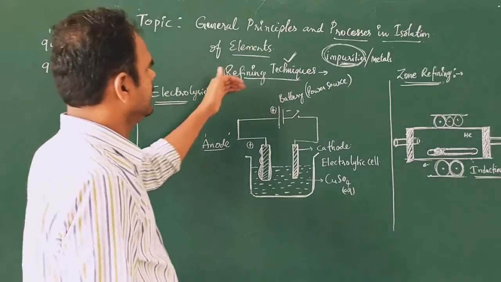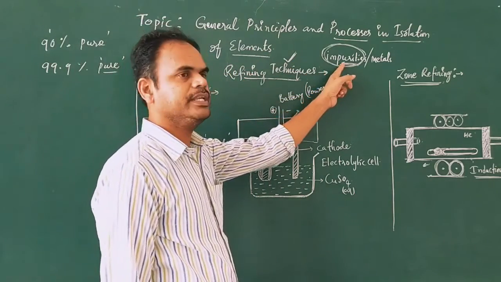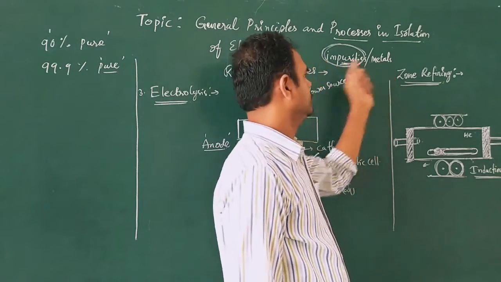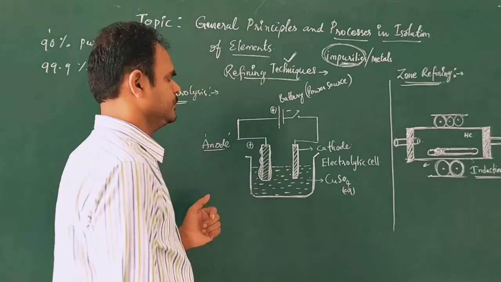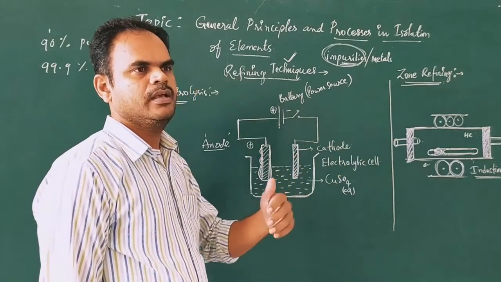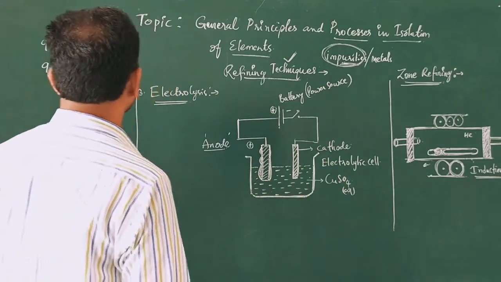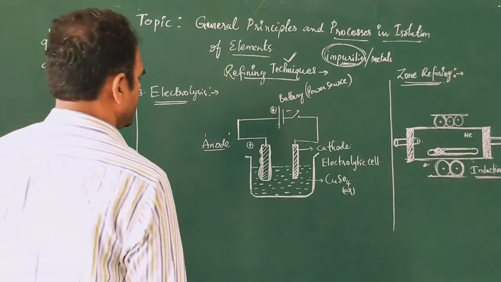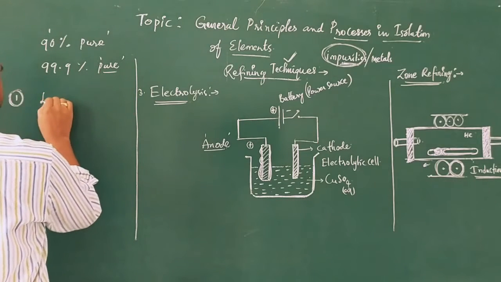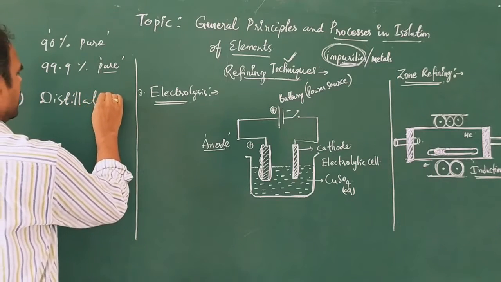So what are these refining techniques? Based on the property of the impurity and the property of the metal we use the refining techniques, so they differ from metal to metal. Number one is distillation.